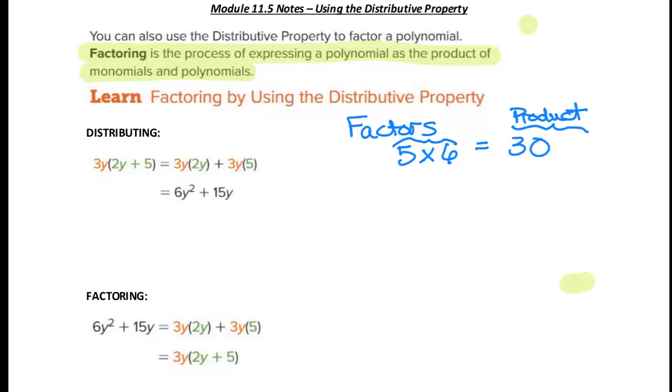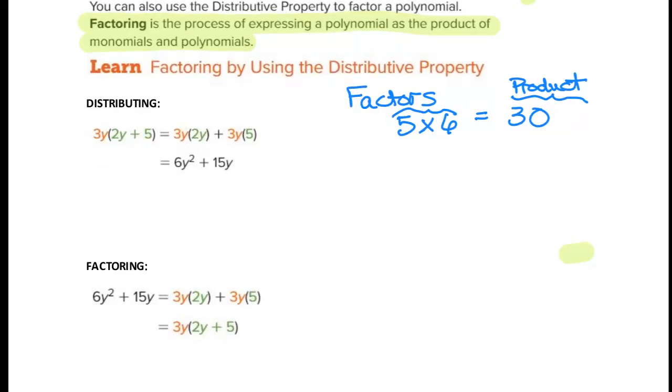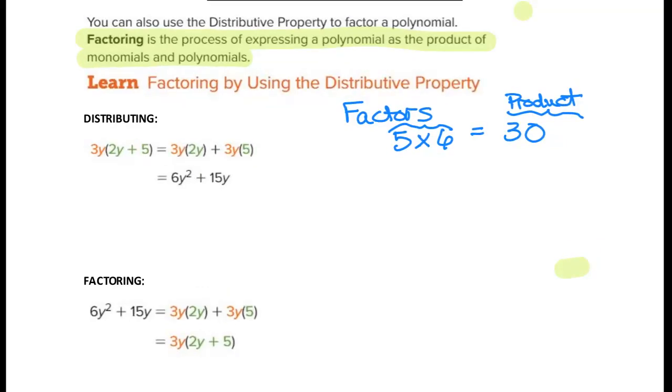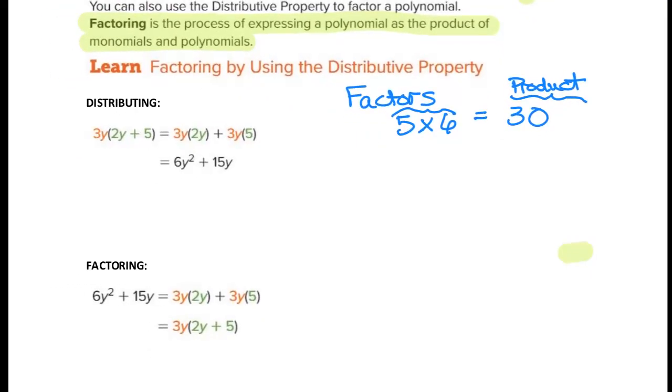But, of course, it's going to be more complicated when we have it with polynomials. But it's still, the factors are the things that are getting multiplied to give you the product. All right? So they show some distributing, and this is just like before. We have 3y getting distributed with 2y plus 5.